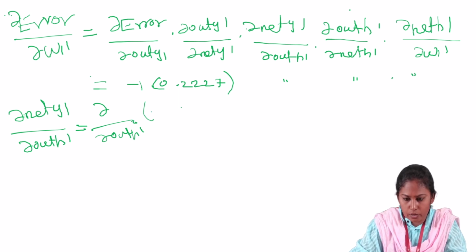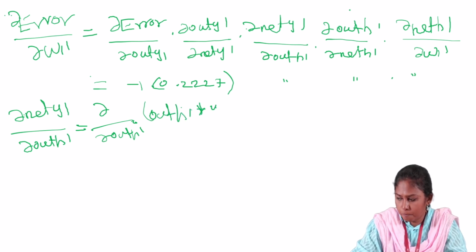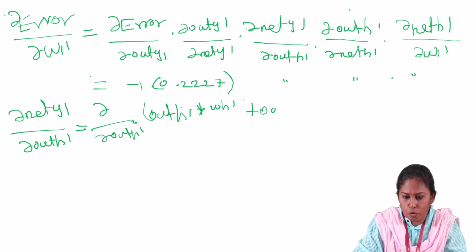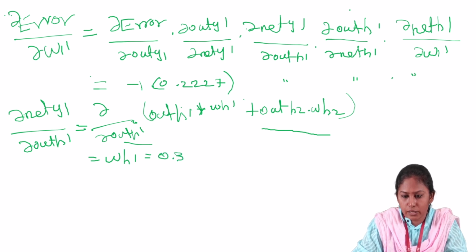It will be out h1 * wh1 plus out h2 * wh2. As we are differentiating with respect to out h1, this part will entirely become 0. So the output is nothing but wh1. The original value which we initialized is 0.3. So this third part we have calculated now.